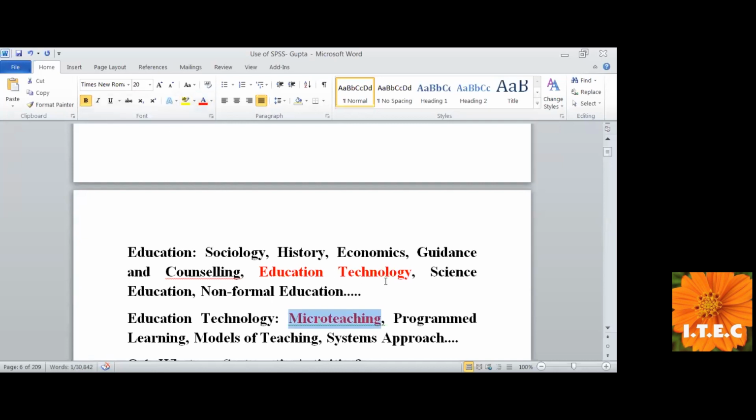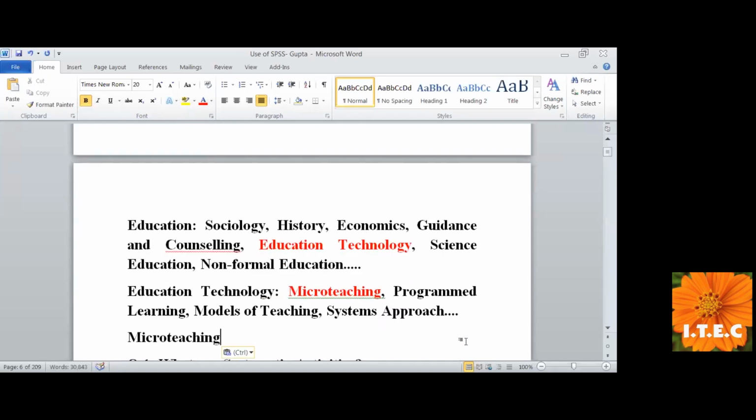So I select the micro teaching, and here I have micro teaching. Now in micro teaching, there are many skills. Say, skill of introduction, skill of stimulus variation.